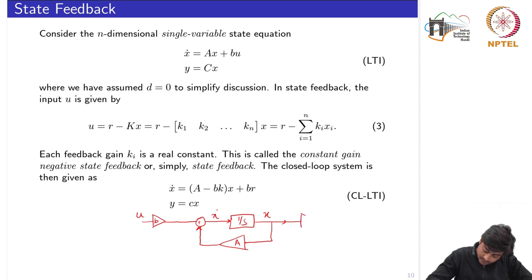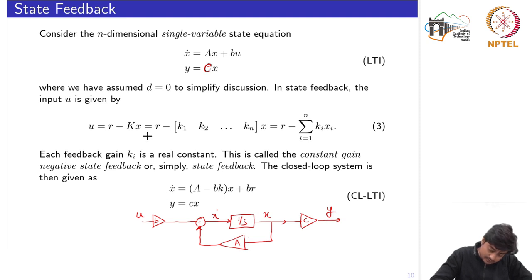And if I put C, we would obtain y. This you should read as a small c, because it is a single input single output system. So this is the LTI system we have.